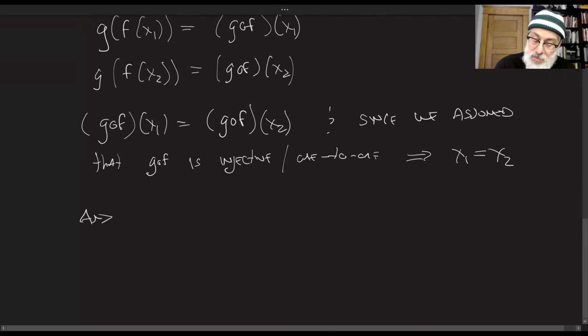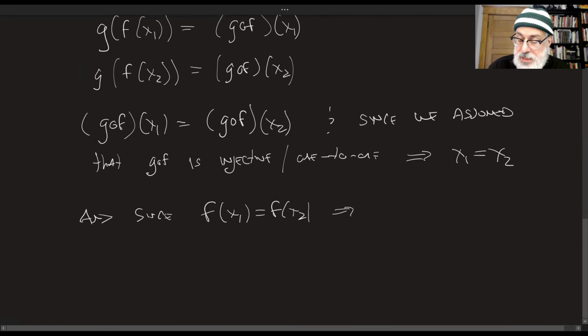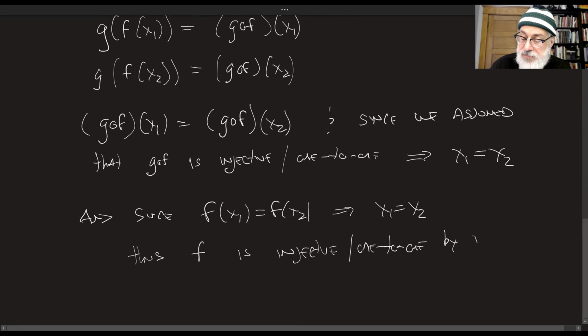And since F of x1 equals F of x2 implies that x1 is x2, thus F is injective, 1-to-1, by definition.